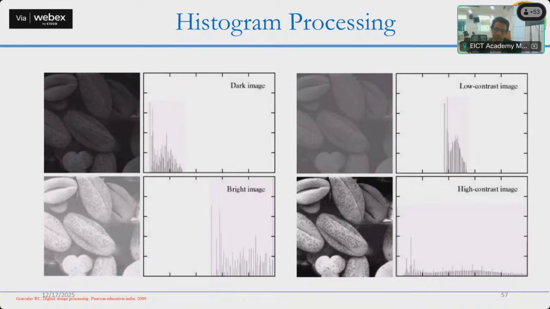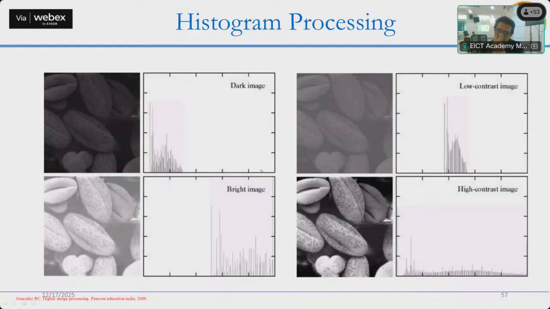So how can you do it? One thing is very clear: in the dark image, if I add up values to the intensity, we basically add a sum value so that the histogram shifts toward the right.